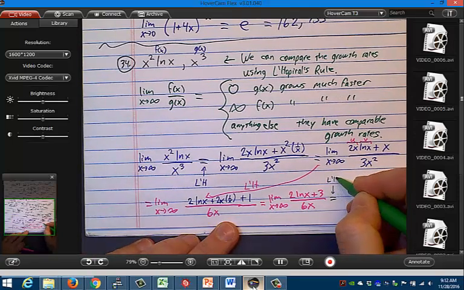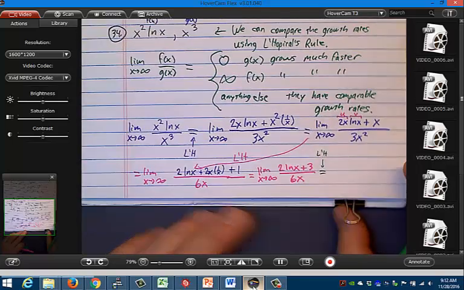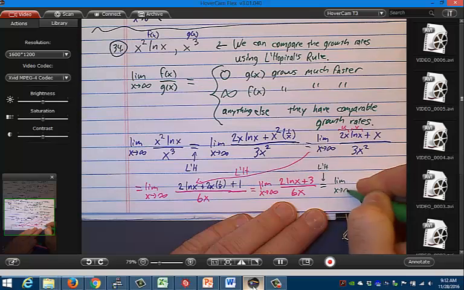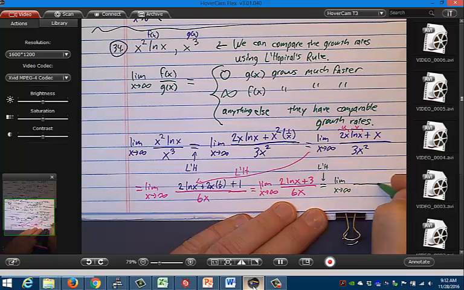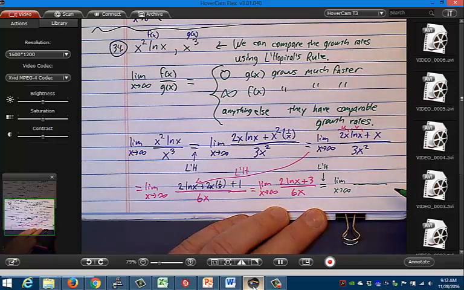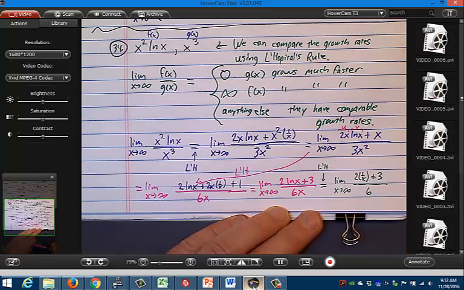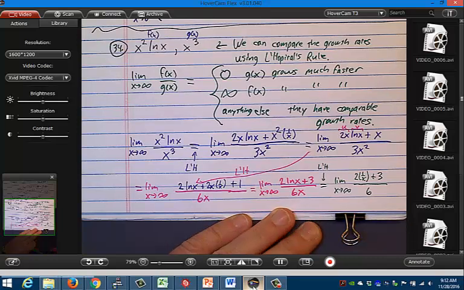So now I have the limit as x approaches infinity of, denominator is just 6. What about the numerator? I get 2 times 1 over x plus 3. Now this 2 times 1 over x approaches 0.